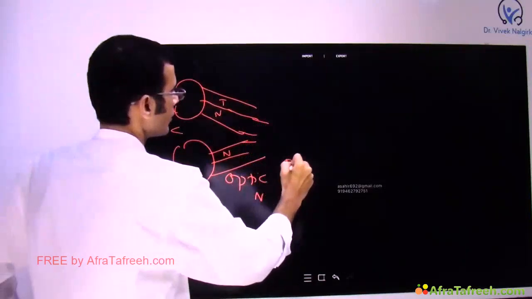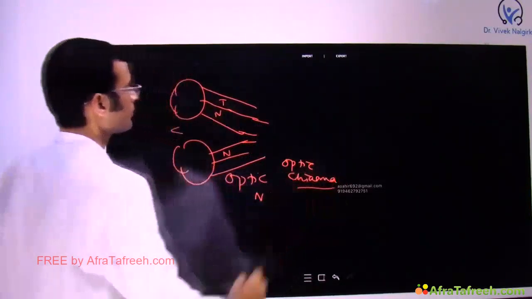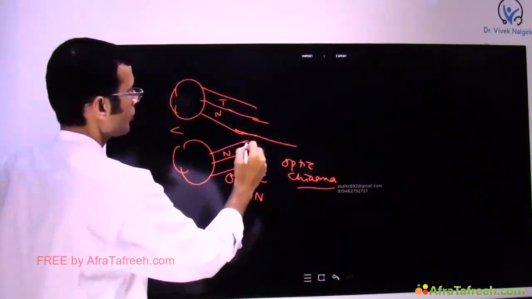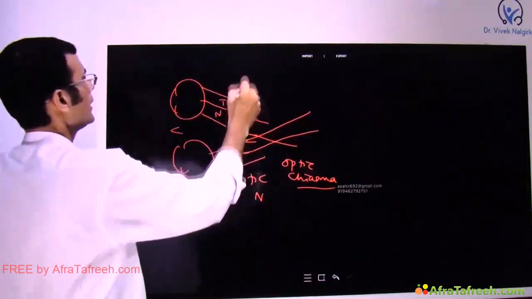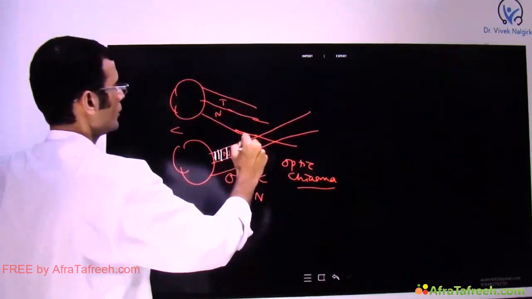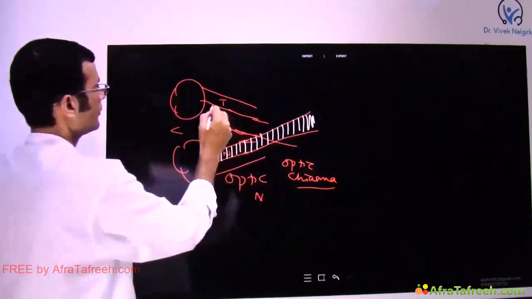Then there is optic chiasma. There is crossing over of the nasal fibers to the opposite side, and they are joined by the temporal fibers of the same side. So nasal fibers have crossed over to the opposite side.